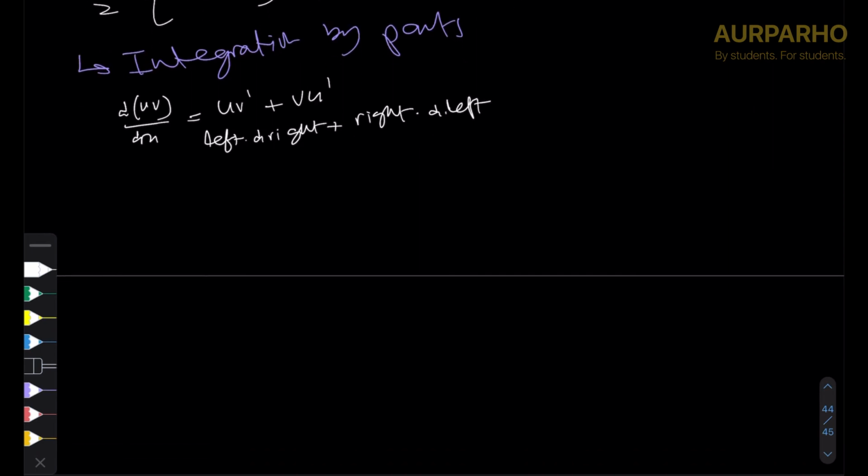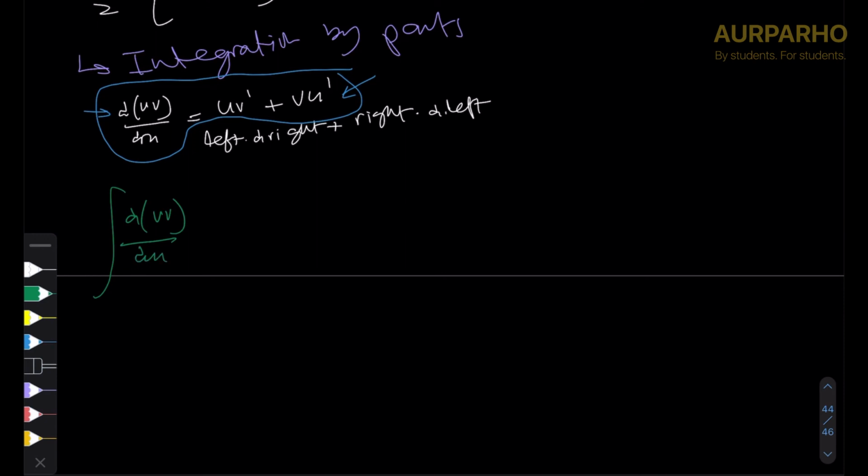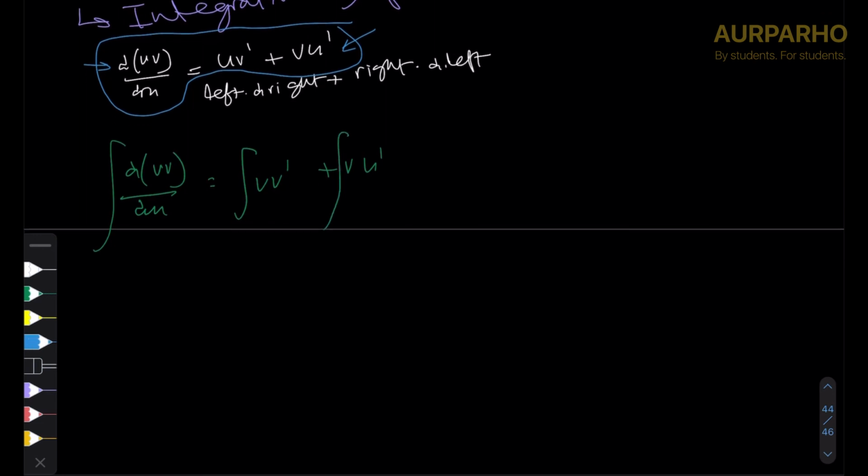So sometimes we use this in integration when we have two products. For example, if we know that these two are equal, this is equal to this. So if we take the integral of this equation, the integral of the derivative of this thing is equal to the integral of uv prime plus the integral of vu prime. Well, the integral of a derivative is just the thing itself because you're taking the area of the slope.